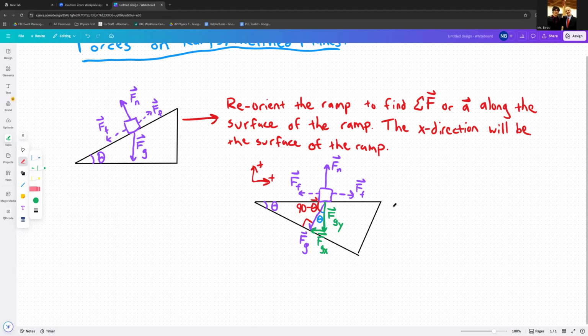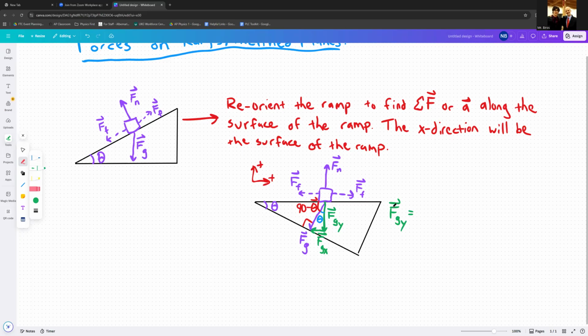And that is, well, let's write it out. So FGY is adjacent to the angle theta. Now this one's a little bit weird because normally in all of our other angled force problems, even as far back as Unit 1 with projectiles, we had been using sine for y and cosine for x.